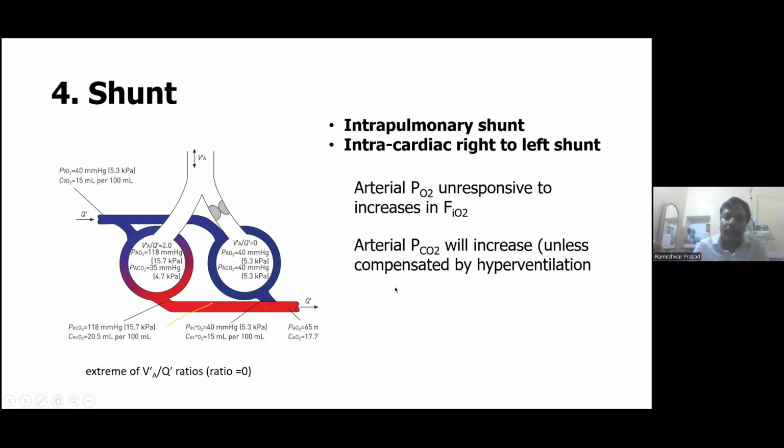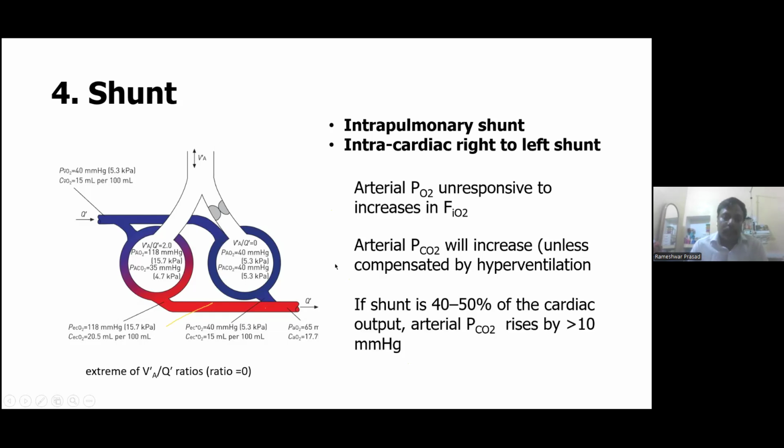So PCO2 will also increase, although it may be compensated by hyperventilation. If this shunt is 40 to 50% of the cardiac output, there is at least a 10 mmHg increase in PCO2 level.